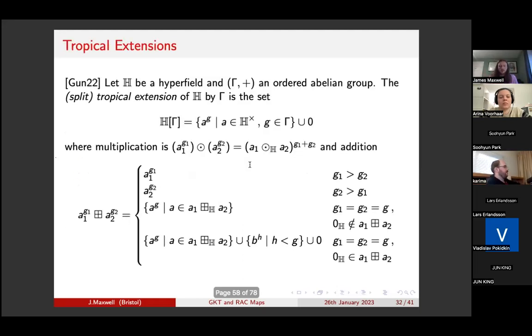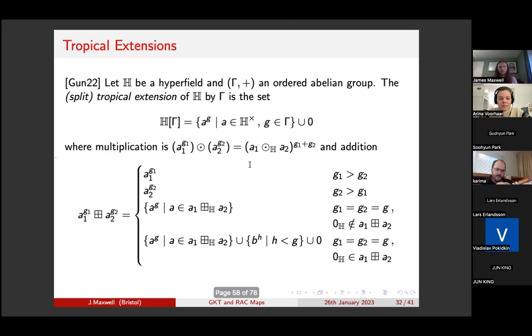This looks like quite a busy slide, but it's just to give you some background theory. Trevor Gunn is one of Matt Baker's PhD students at Georgia Tech, and he's done some really interesting work on something called a tropical extension. It's a way of creating a new hyperfield from a given hyperfield. If you're given a hyperfield H and some gamma, an ordered abelian group, the tropical extension of H by gamma is where you adjoin gamma copies of H with some extra additive neutral element.